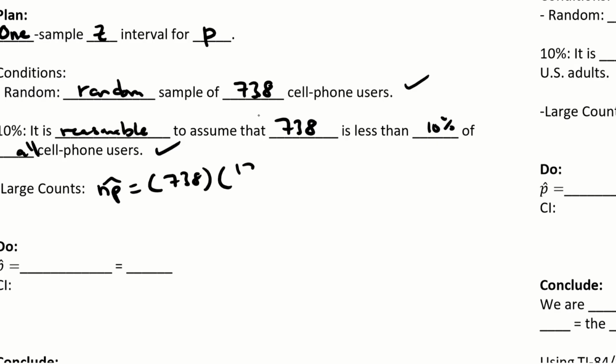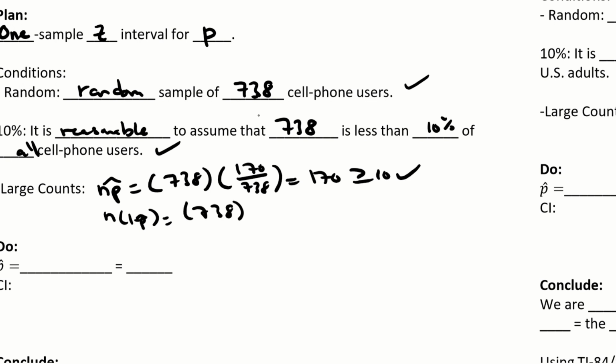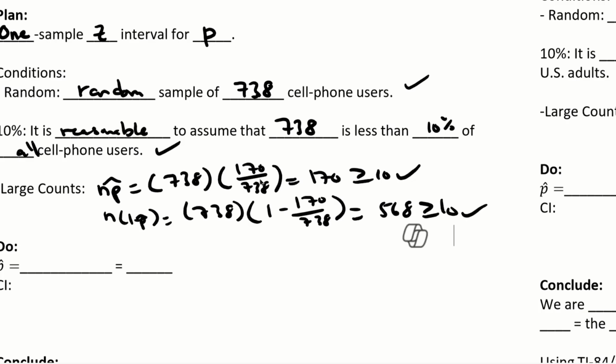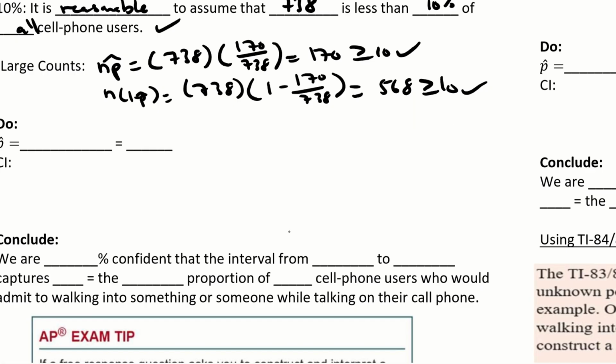That's going to be greater than or equal to 10. Then we have n times 1 minus p hat. Out of the 738, then that means that I could just do 1 minus that, which would be 568 people who did not admit to walking into someone or something while being on their phone. Those both pass with flying colors, so we can proceed with the do stage.